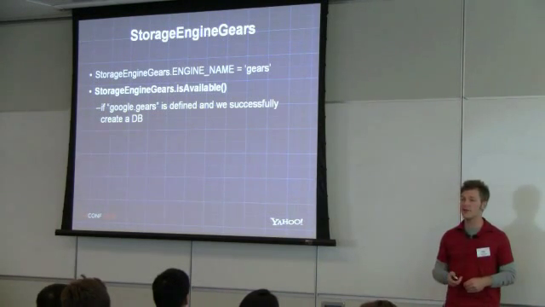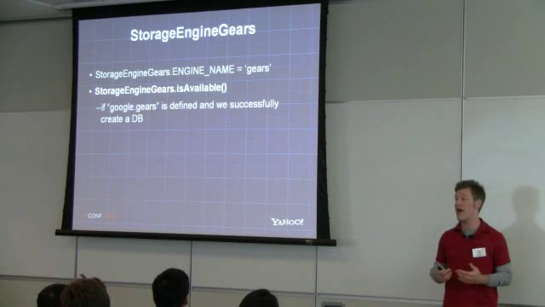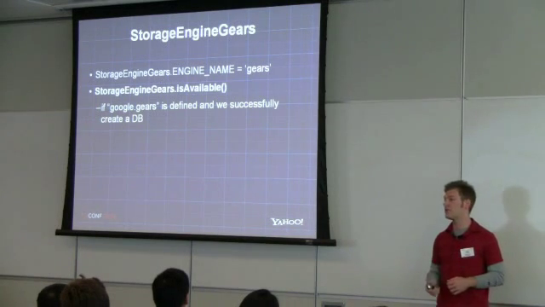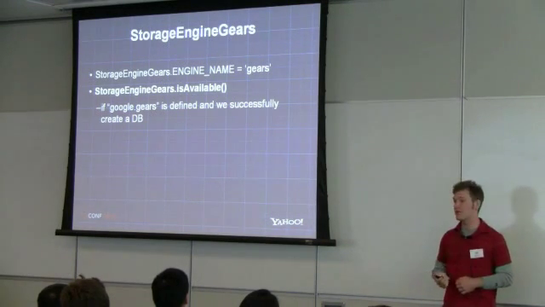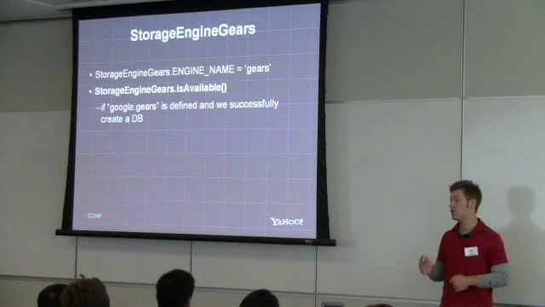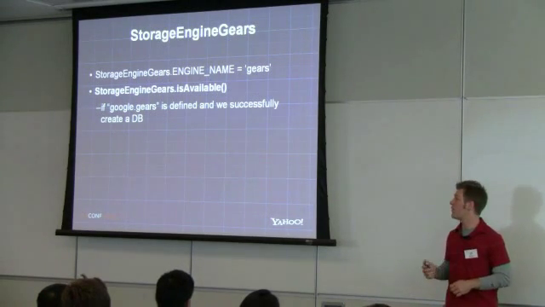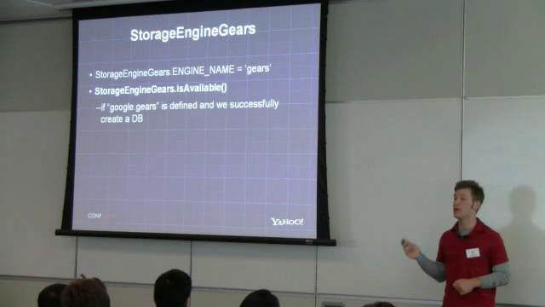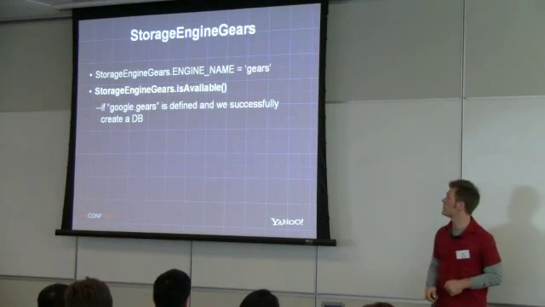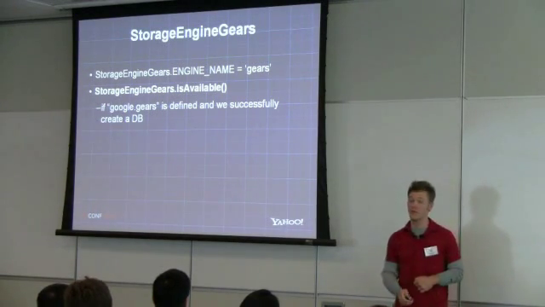The reason for that is that it will force the user, if they haven't already, to see that dialog to either approve or deny your application's access to the Gears database. If they choose to deny access, it's going to throw an exception inside this method, and we can return false. Otherwise, we return true, and we assume that it is available.